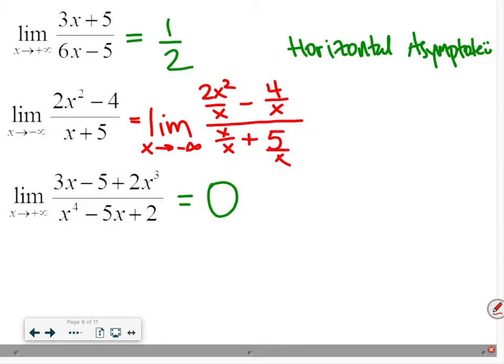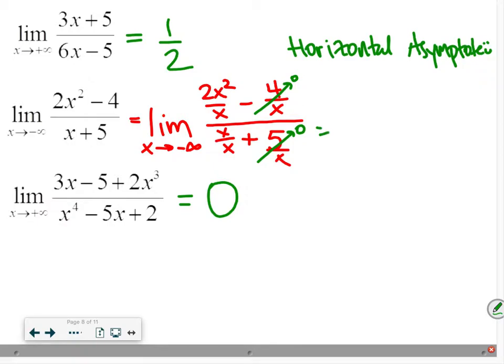Well, we know that towards negative infinity, 4 over x is going to go to 0, and 5 over x is going to go to 0. Do you agree?